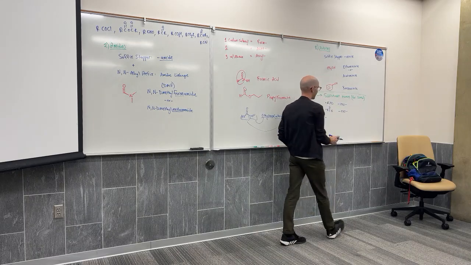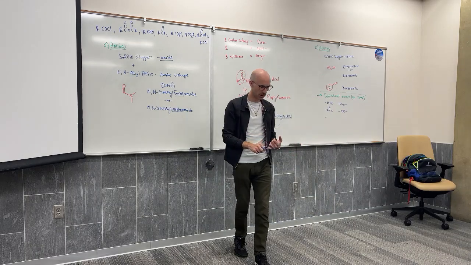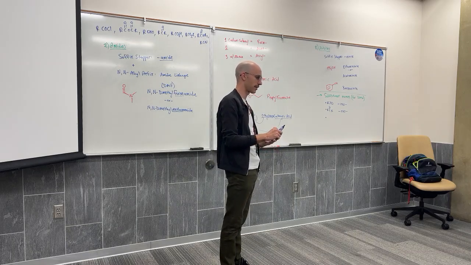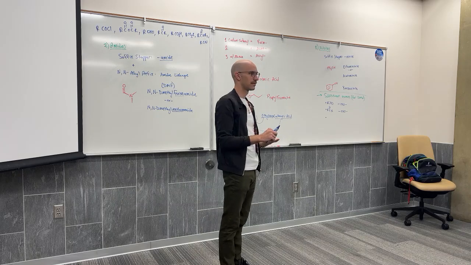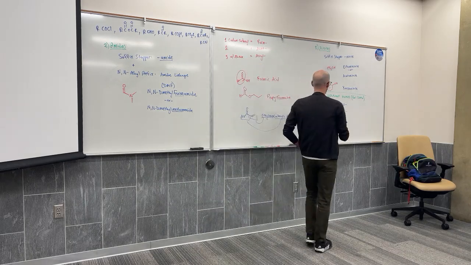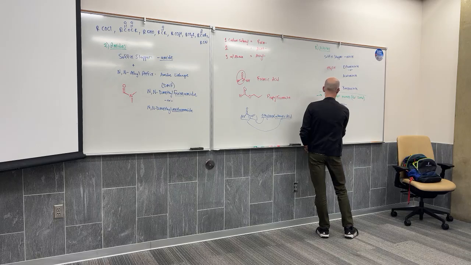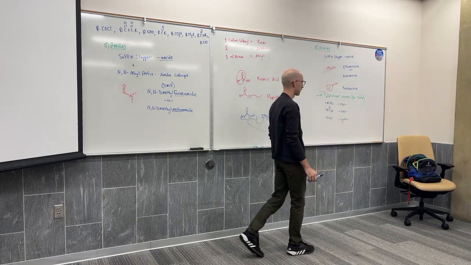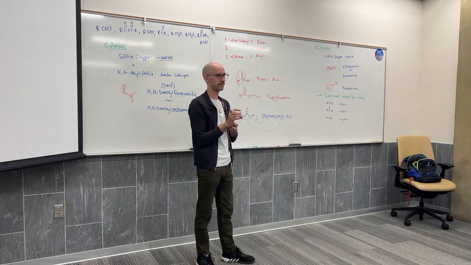I'm not going to get into the acid chlorides or the anhydrides or the esters or the amides or the carboxylic acids as substituents. So we're just going to look at the nitrile. And I think you guys mostly all know that the nitrile is given cyano as a substituent.